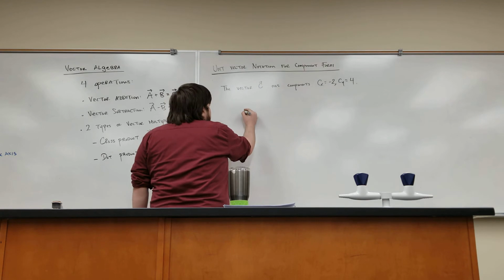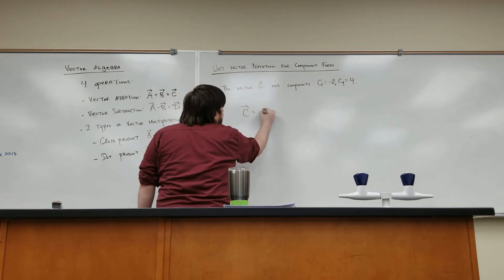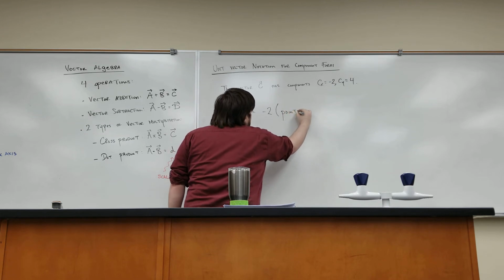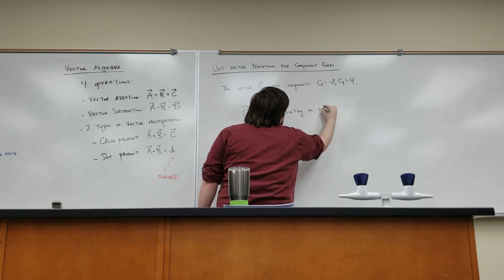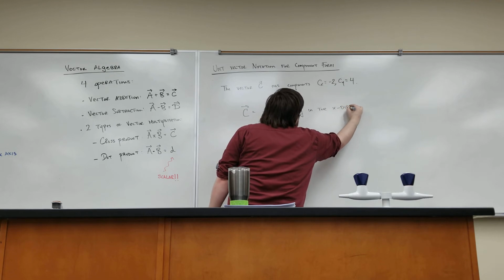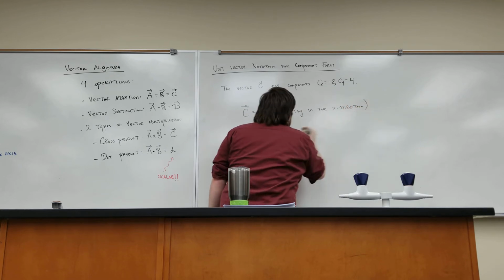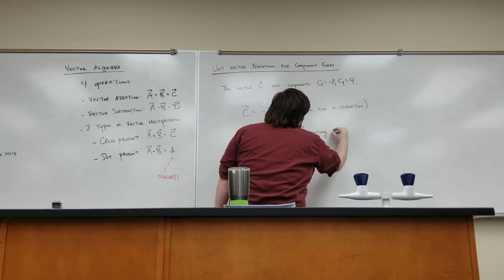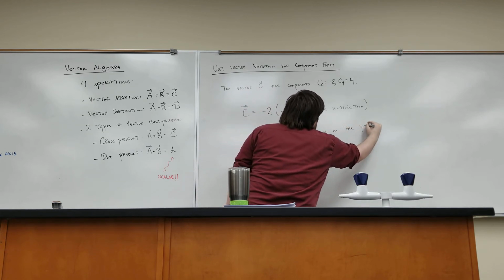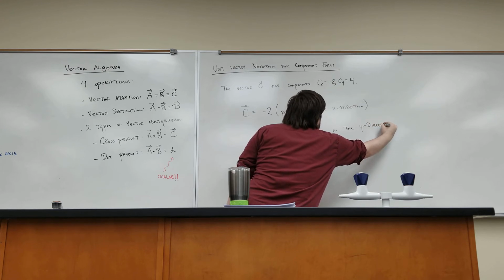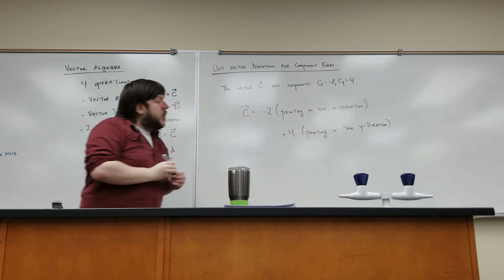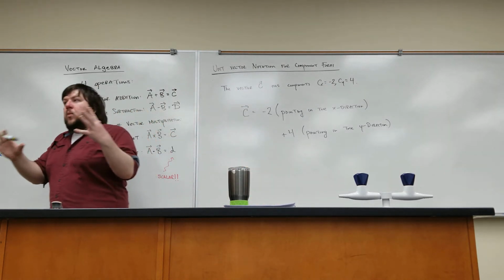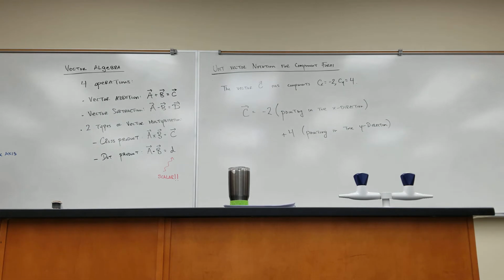The general idea is that vector C is going to look like -2 plus 4, so that way we know not to combine these two numbers. We need some way of separating those two numbers.